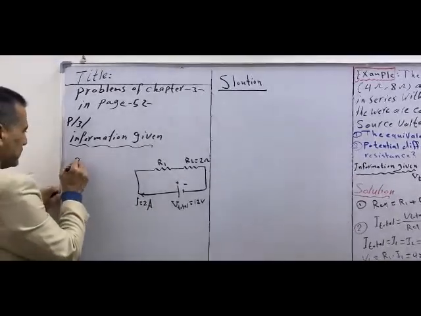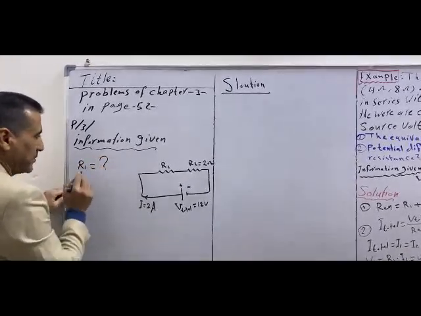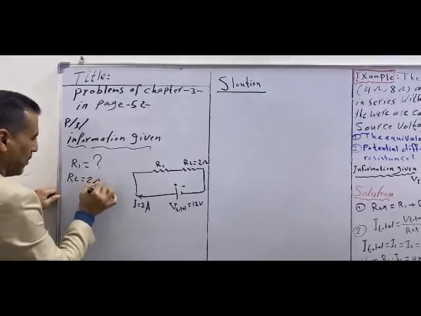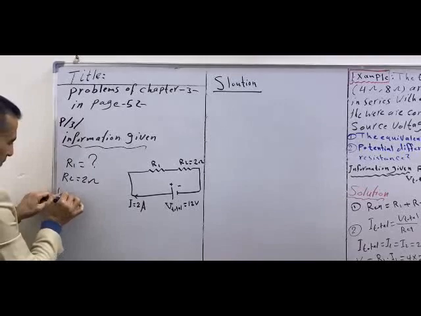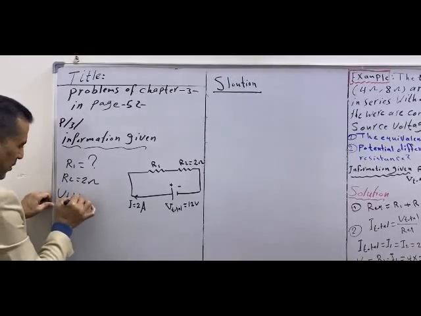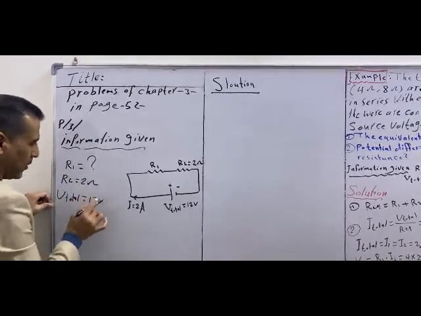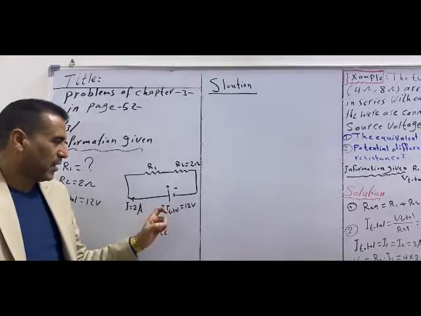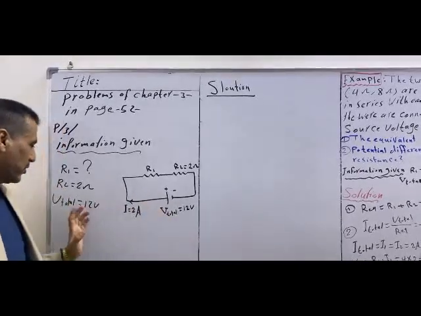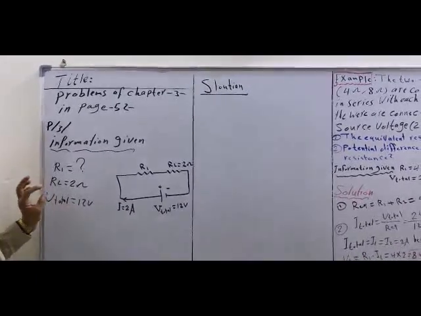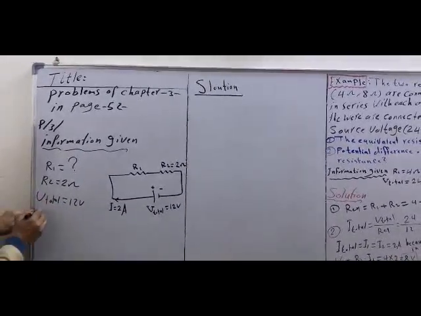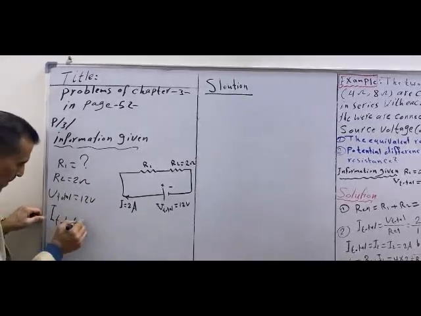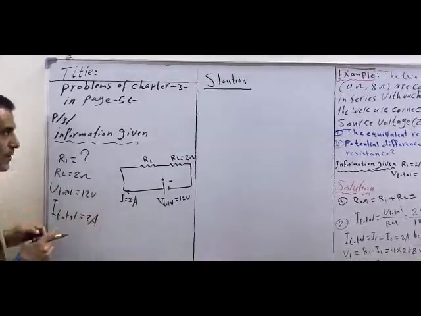R1 is unknown, R2 equals 2 ohm, V total equals 12 volt. The potential difference of the electric battery represents the total potential difference. I total equals 2 ampere.